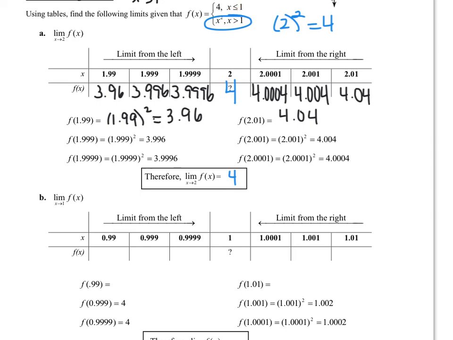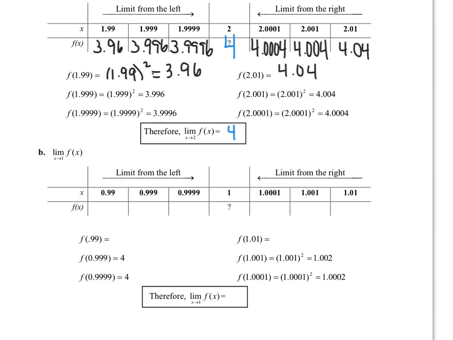So if it's equal to 1, it's going to be 4 every single time. That's why I have 4s everywhere. So let's see what we would fill in here: 4, 4, and 4, right? Every number is going to be 4 if it is less than or equal to 1. So even the 1 will work, right?